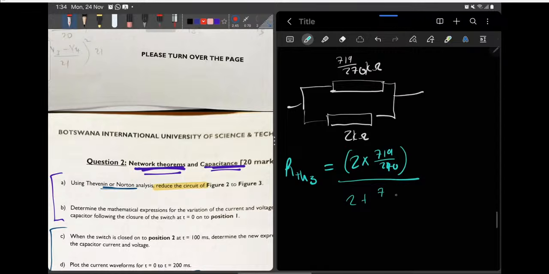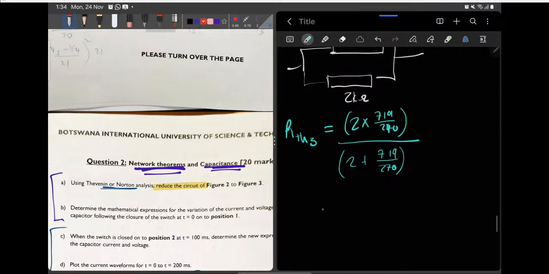Then we'll see what we get. 1.1422 kilo ohms.